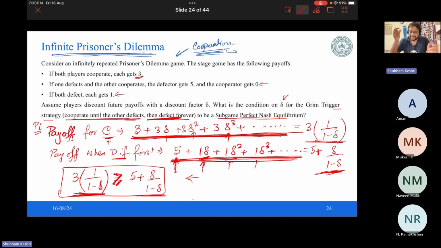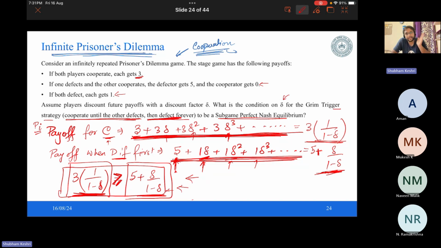The thing which can maximize his utility is this 3, because there is some strategy which can change 3 to 1. 0 is there in between, you can neglect that point. It can change its strategy value from 3 to 1, which is worse, right? Why will I get 1 if I can get 3? So both players, what will they think? I have a utility of this value when I cooperate. But if I defect first, my utility will become this.